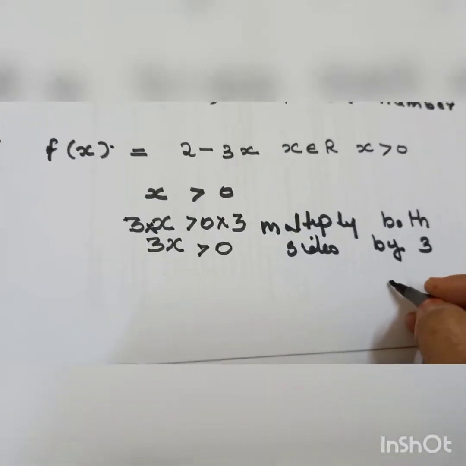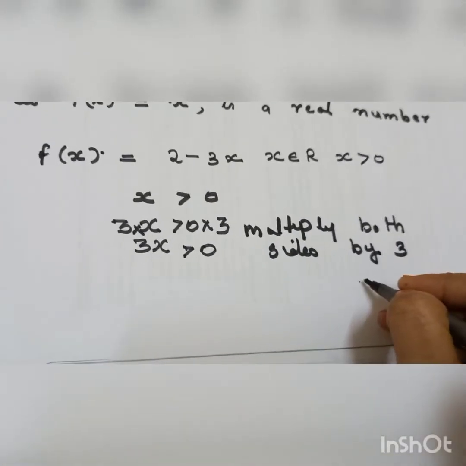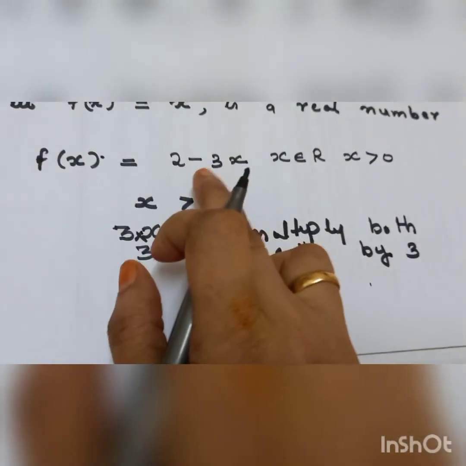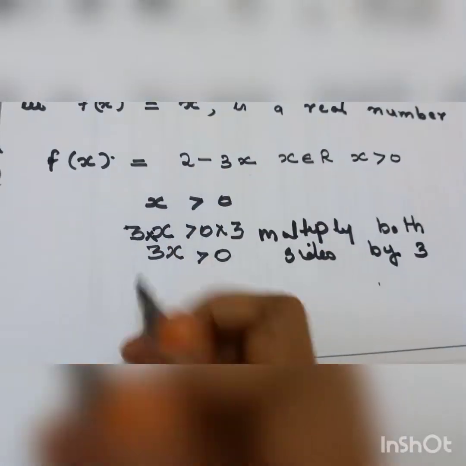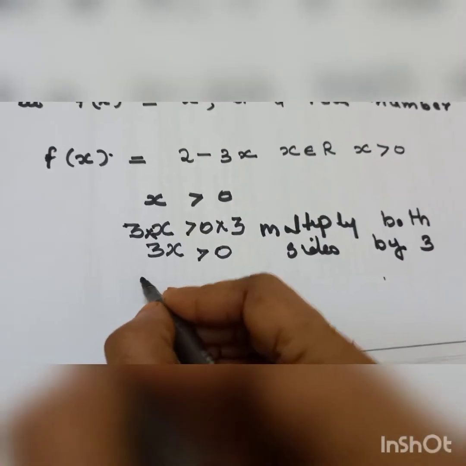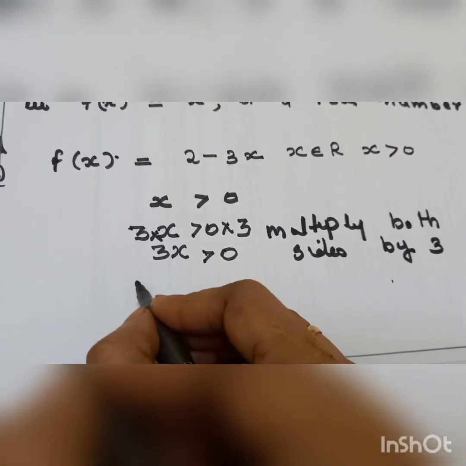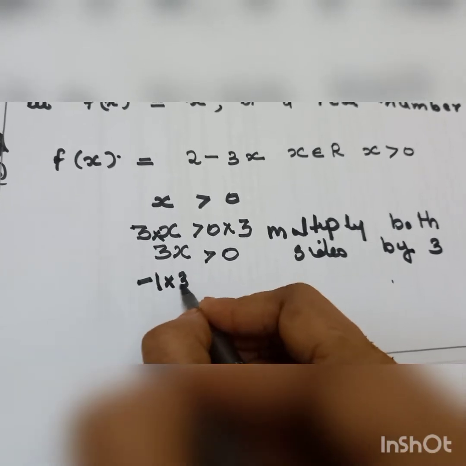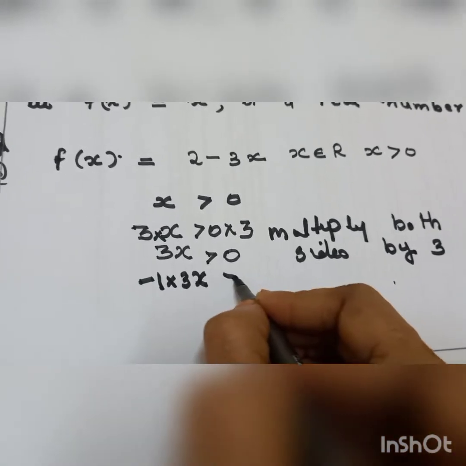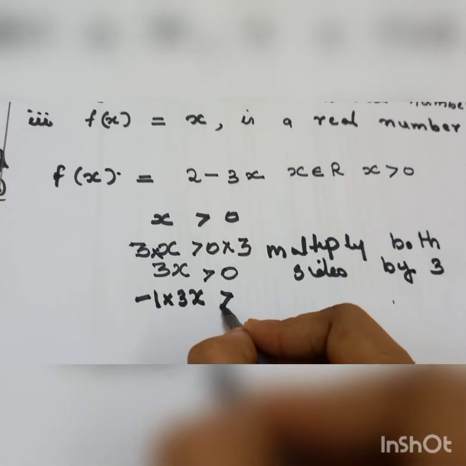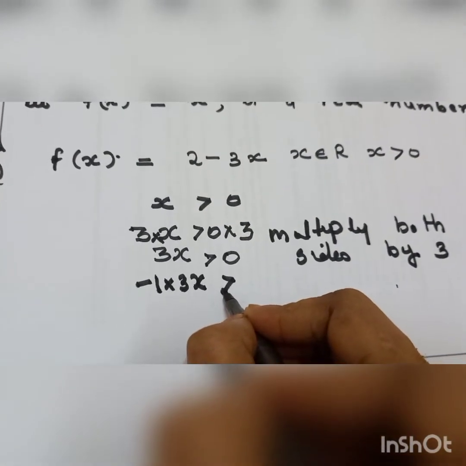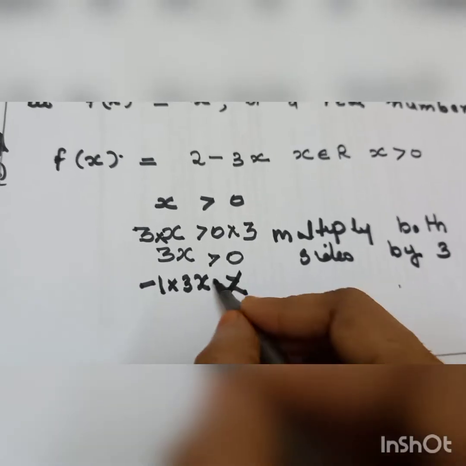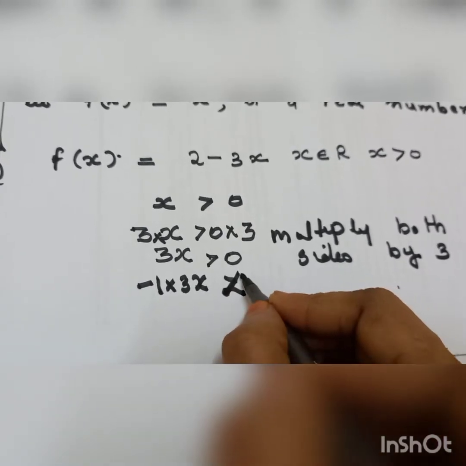Then, because here it is minus 3x, we have to multiply both sides by minus 1. Minus 1 into 3x is greater than 0 into minus 1, and the inequality changes, so it is less than 0.